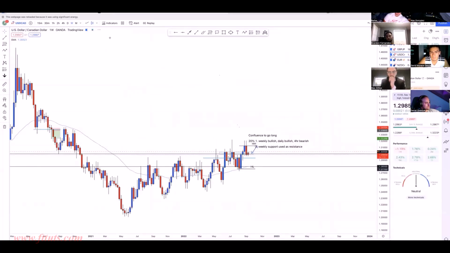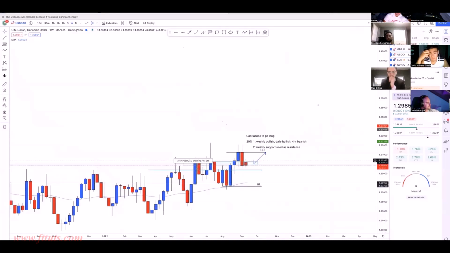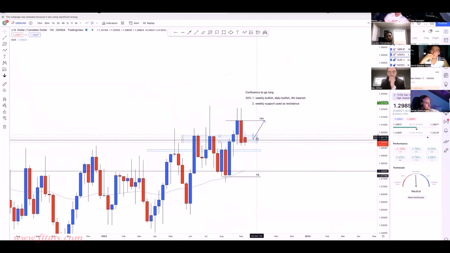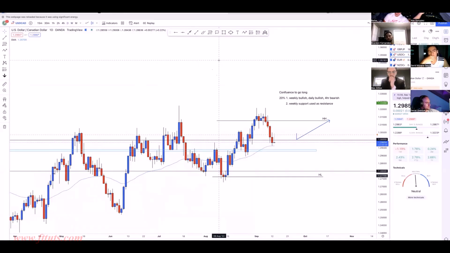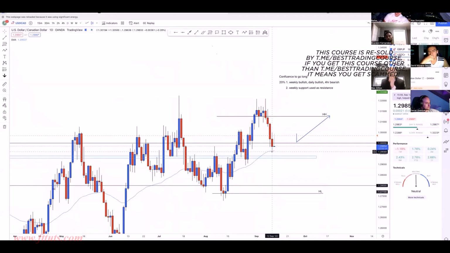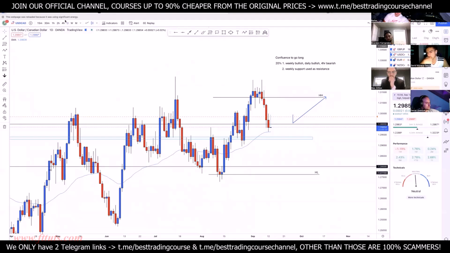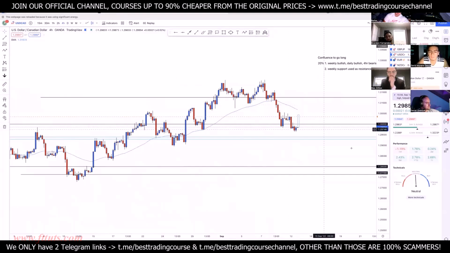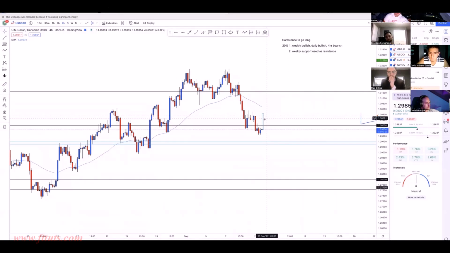If we go over to USD CAD, you can tell it's one candlestick pullback to our area of interest. On the daily time frame, we have just come into the area of interest, retesting the EMA. I'll get into the EMA in the following weeks. Then on the 4 hour, it has just created a new lower low.